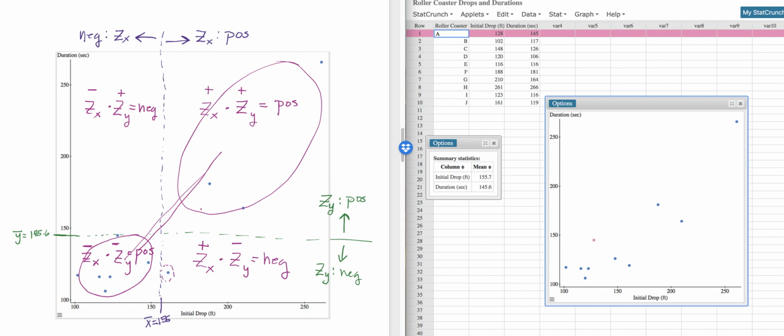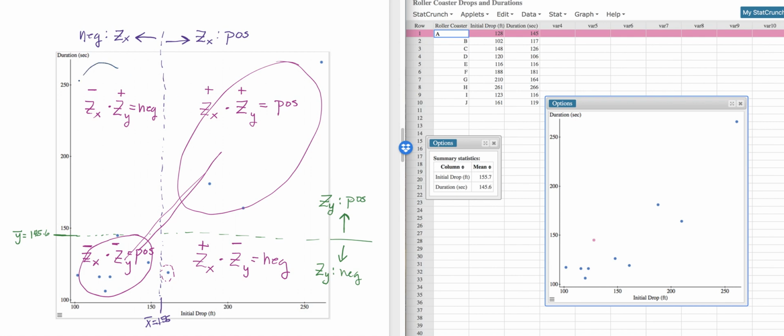So when you have positive correlation, your points predominantly have these positive products of z-scores, and that makes your linear correlation positive.